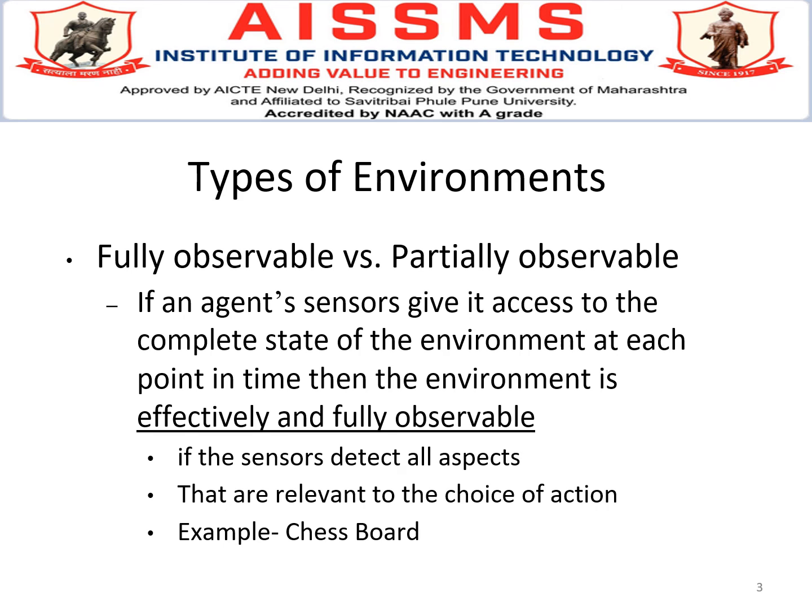Suppose, considering the example, the sensor detects all aspects that are relevant to the choice of action. Example, the chessboard. We consider the chessboard fully observable because the agent can see the full board, all pieces and their positions, and then it will take the decision for the next move. In tic-tac-toe, the entire game state is visible to the agent.